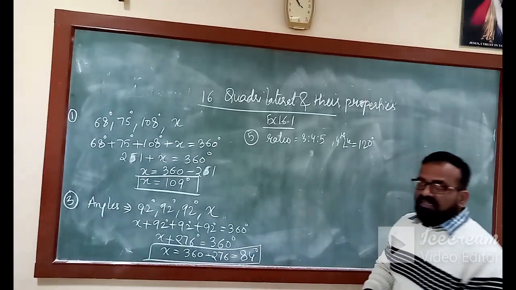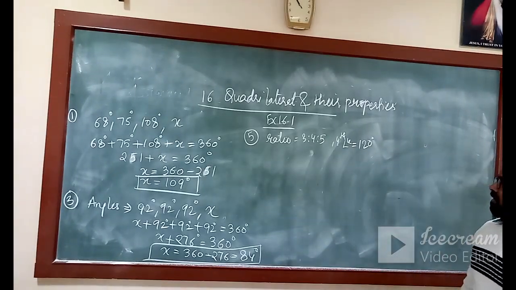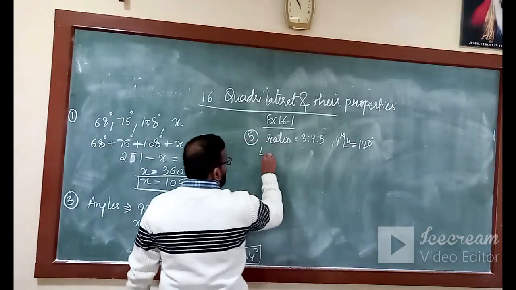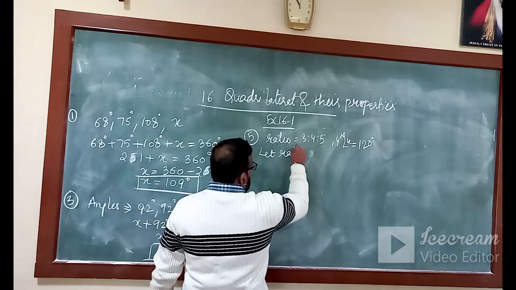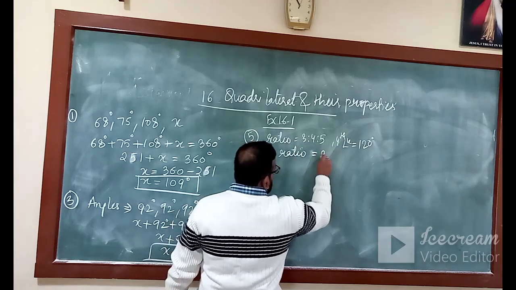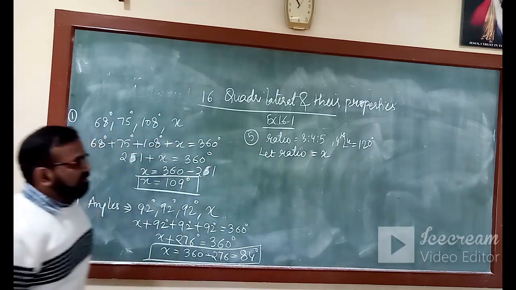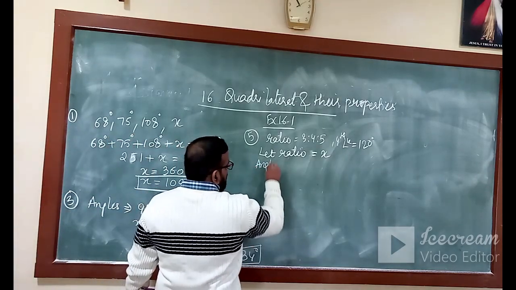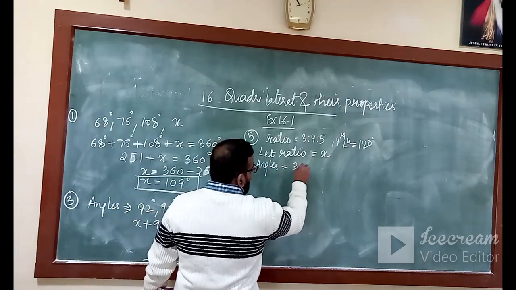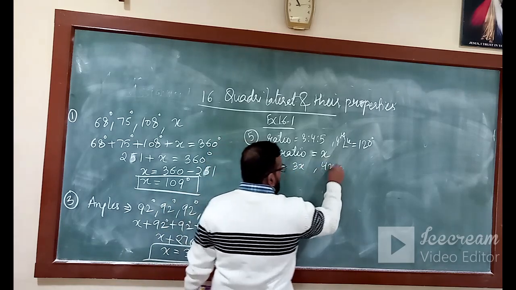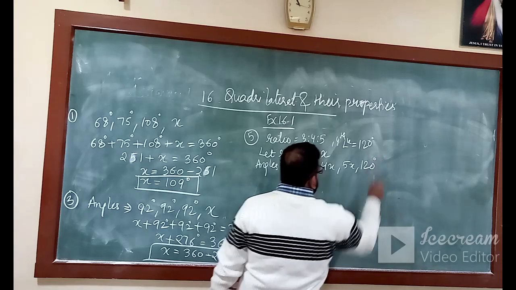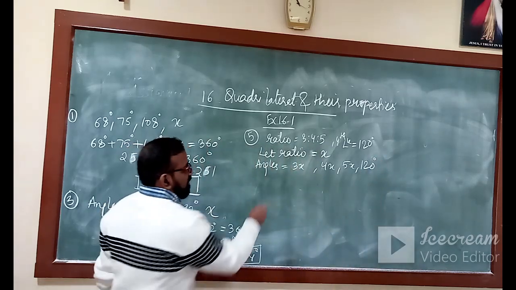We have to find the other angles of the quadrilateral. So in these types of problems, what will we assume? We will assume the ratio equal to x. So our angles will be 3x, 4x, 5x, and the fourth one is given as 120 degrees.